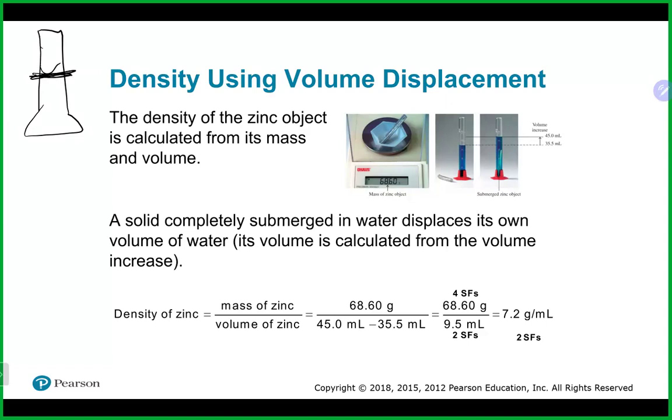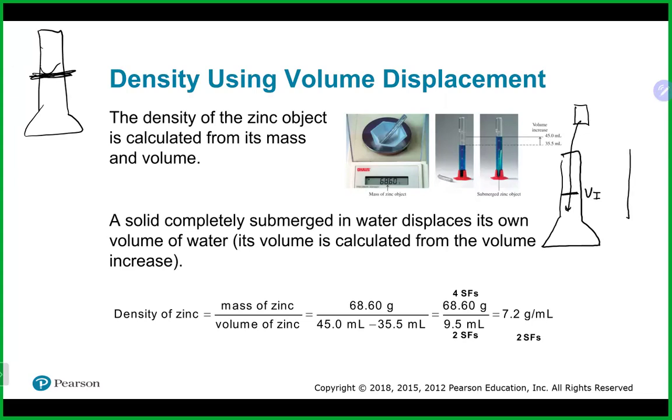The other really common way that we get the volume of an object is volume by displacement. The idea of volume by displacement is this. You take a certain amount of a liquid like water, put it into, say, a graduated cylinder, and take an initial reading of that liquid. You take a solid object, such as this, and put it into the graduated cylinder that has the same water in it.